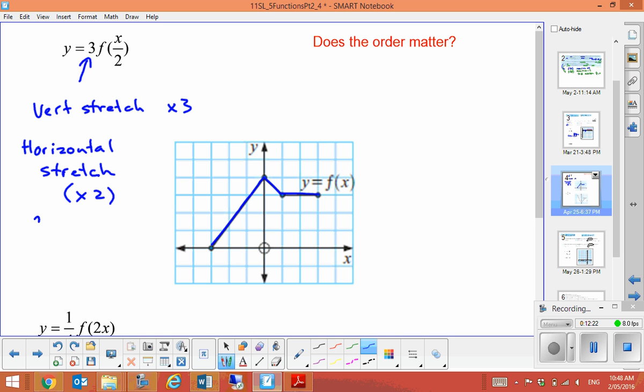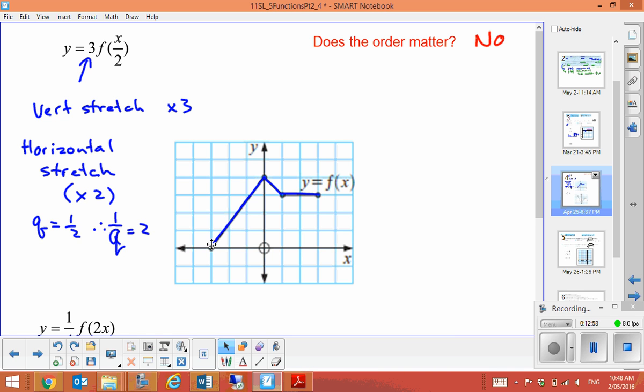So our q value here is 1 over 2, and we take the reciprocal, 1 over q equals 2. Doesn't matter what order I do this in. Doesn't matter whether I stretch it vertically and then horizontally, or vice versa. Because it is affecting the x and the y and they're different, the order doesn't matter. It's only when you get two things happening to the x's, or two things happening to the y's, that the order matters. So in this case, no, it doesn't matter.